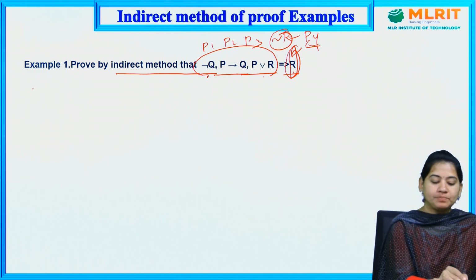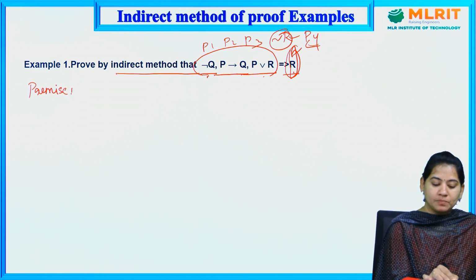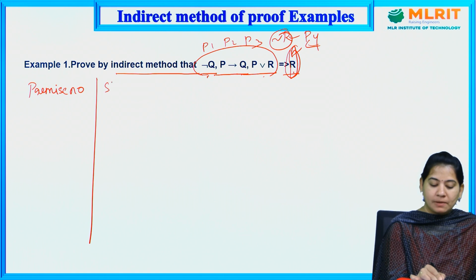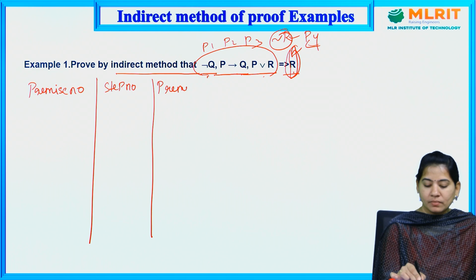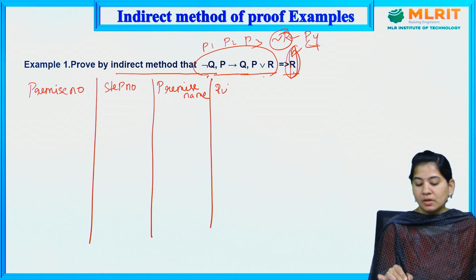Let us go for the premise number, step number, the premise itself, and also include the last column, the rule of inference.